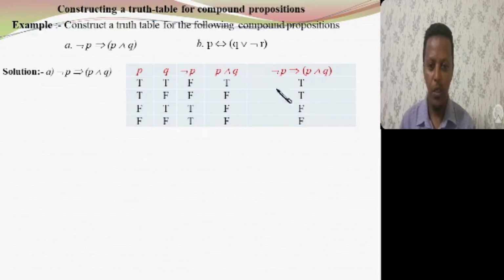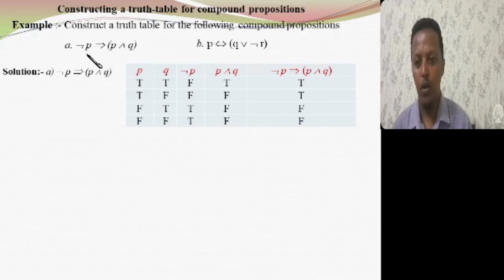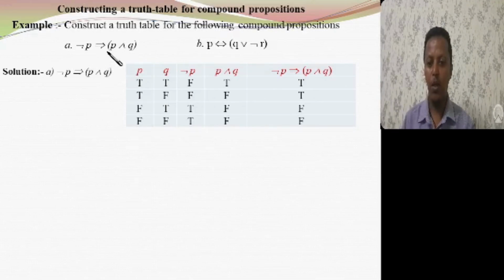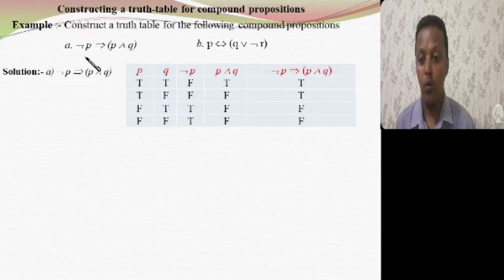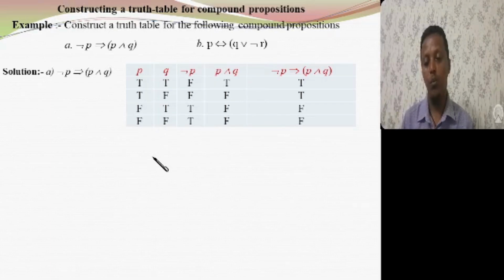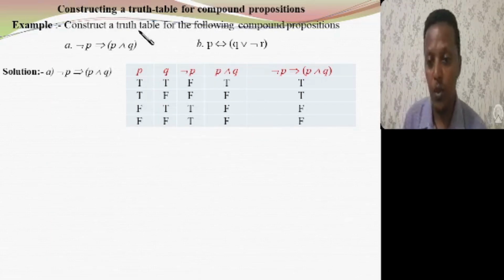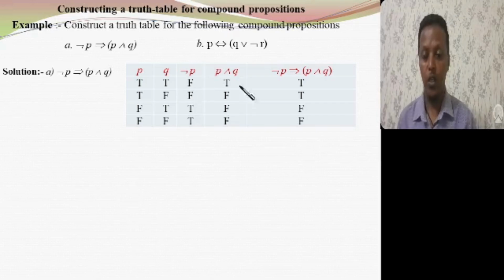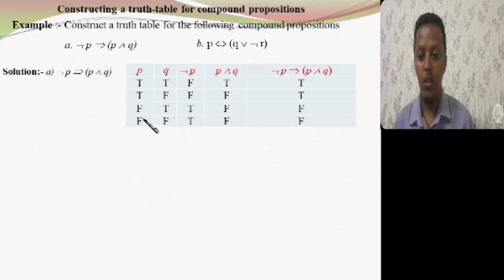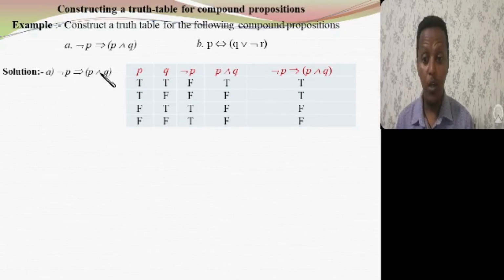So this is the truth table for the compound proposition negation P implies P and Q. For a compound proposition with two component propositions, we have 4 logical possibilities, and in the truth table you construct 1 column for each connector in the compound proposition.